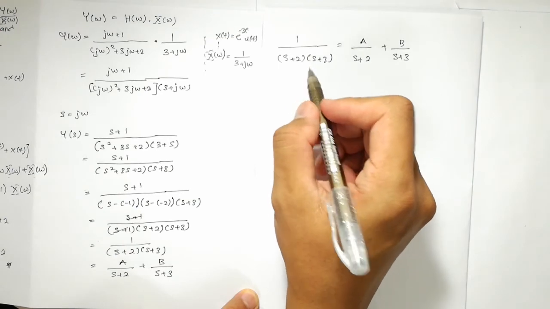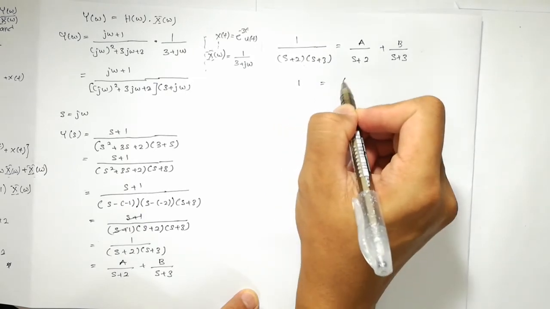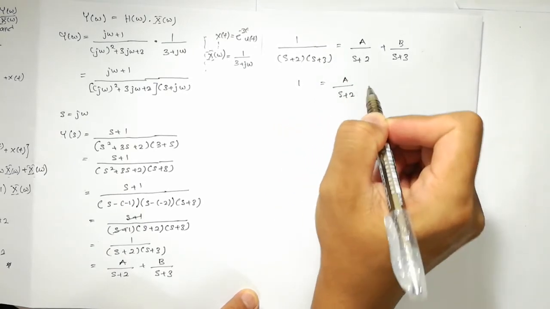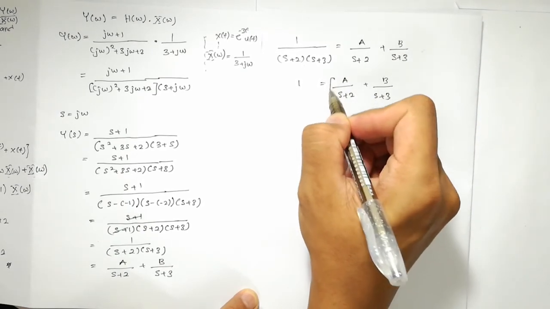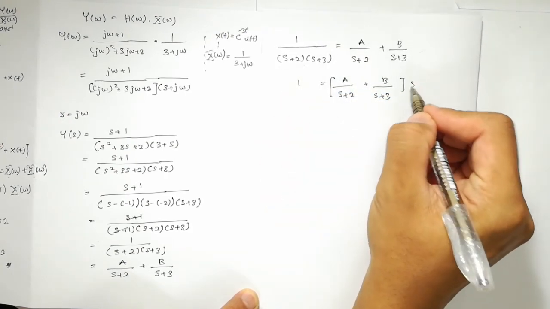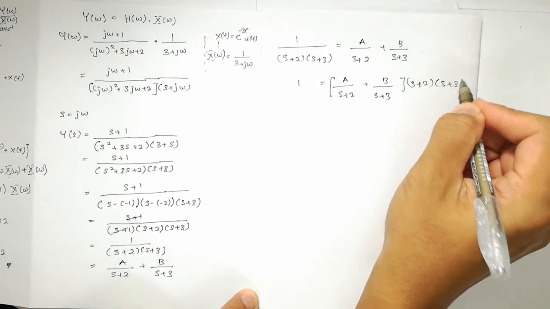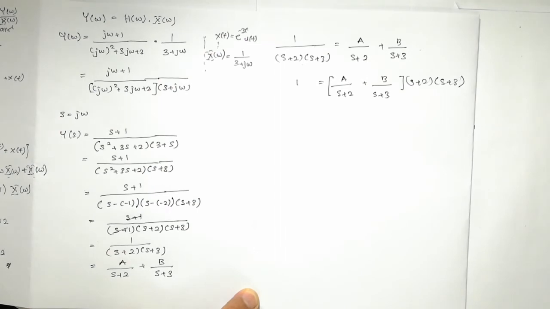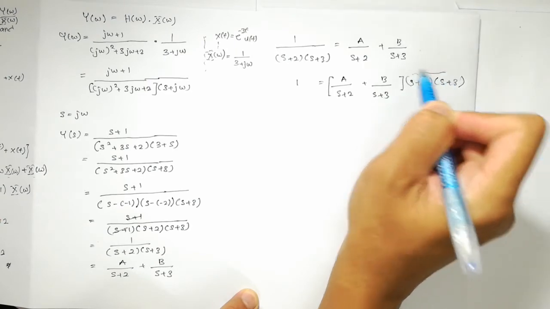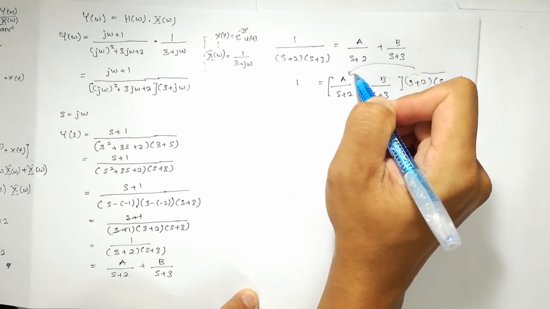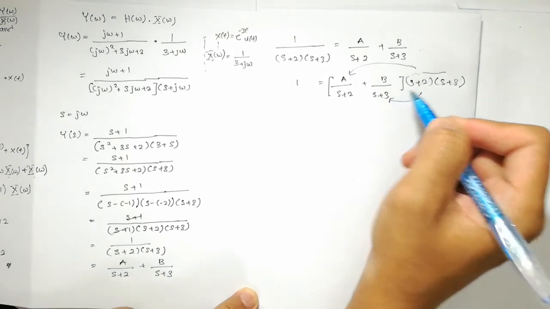So we bring this to the right of the equation: 1 equals A(s + 3) plus B(s + 2), multiplying by (s + 2)(s + 3). Each term is multiplied by the first term over here, and after that we multiply with the second term.